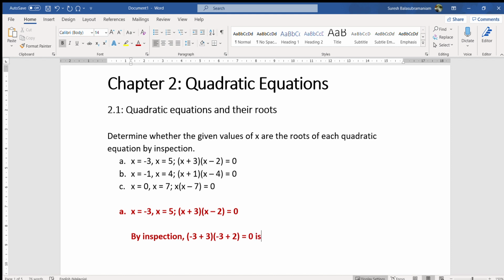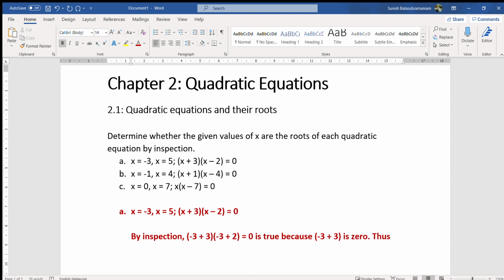So by inspection, the equation with the replaced value of x is true, because -3 plus 3 is 0.